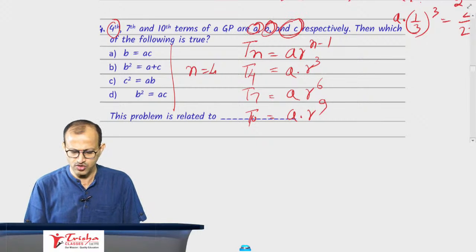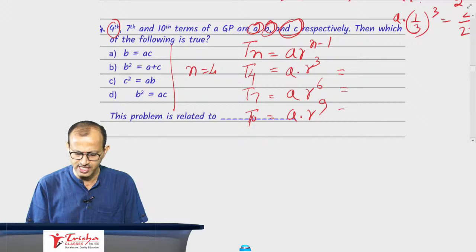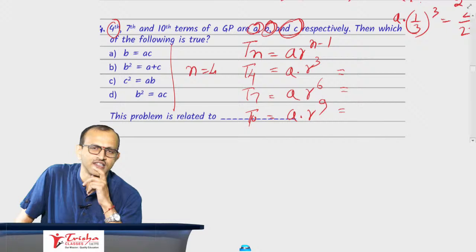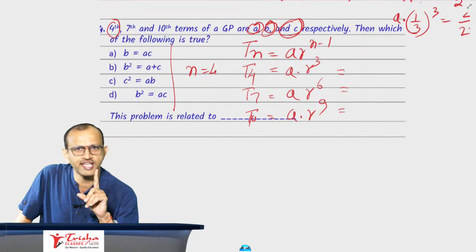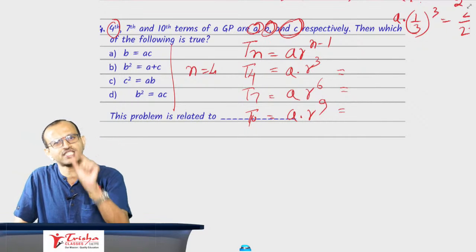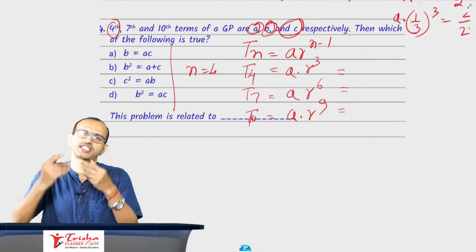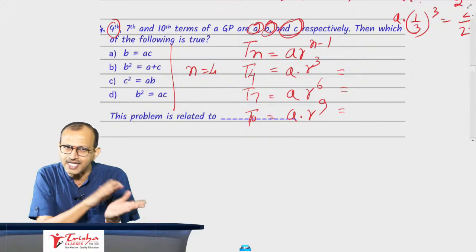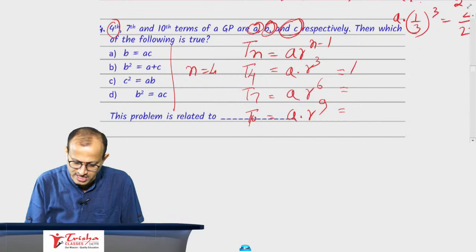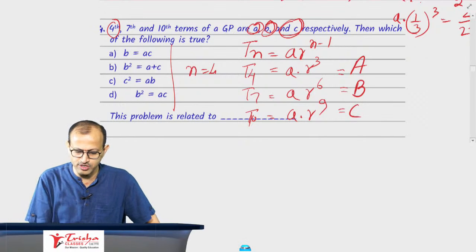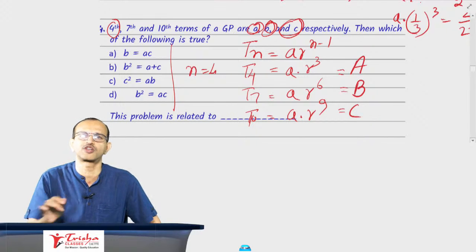So I will take that as, see, there are two A. Listen carefully, you will get confused here. One A is your first letter, first number in the formula. The other one is the term. They call them just ABC. So just to make that A and this A different, I will consider capital letter A, capital letter B, capital letter C. Otherwise you may say A gets cancelled, r cube is equal to 1.